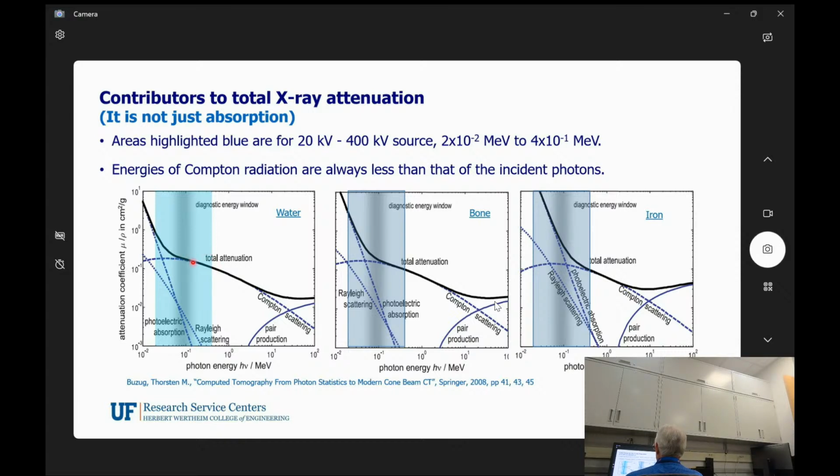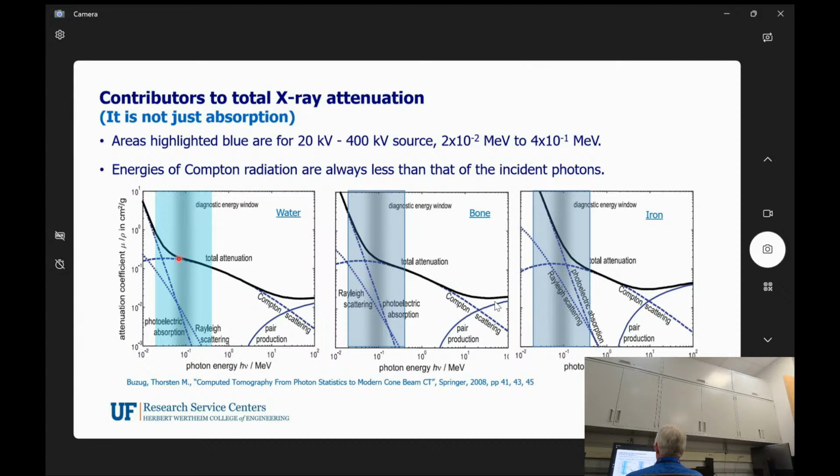In effect, and we'll talk about this more in just a second, when the X-ray is Compton scattered, it's going in some other direction, but sometimes fairly forward scattered. So we have to realize that some of the X-rays getting to the detector are going to be from the sample, and that can cause blurring.